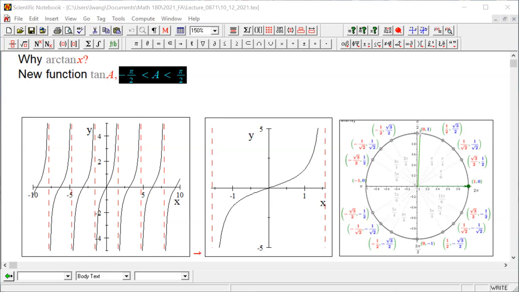Remember we did those exercises? In the counterclockwise direction, you can only measure up to here, as close as possible to pi over 2. In the clockwise direction, you can only measure as close as possible to negative pi over 2. Never touch that terminal. So you're bounded by this piece.